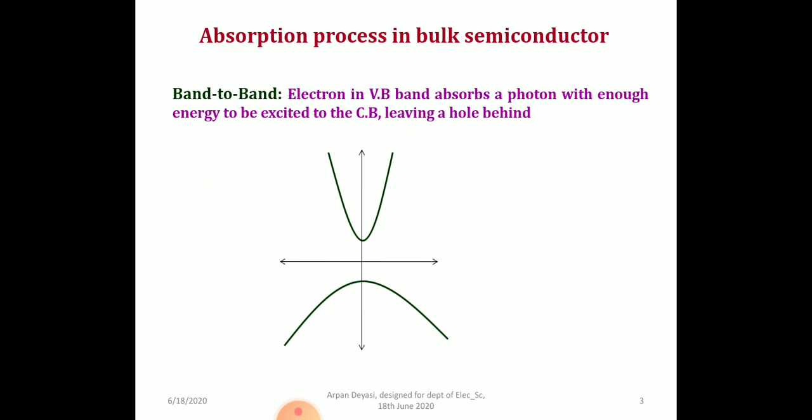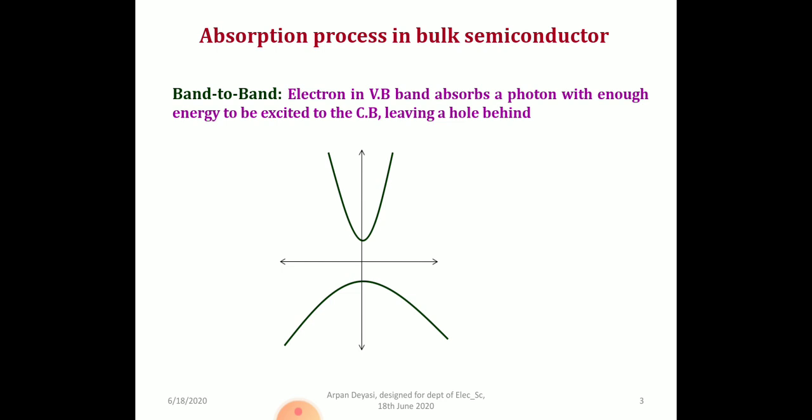Now, if we consider the absorption process, there are 4 types in bulk semiconductor and 2 types in quantum well. So in the next 6 slides from here onwards, I will discuss this absorption coefficient calculation.